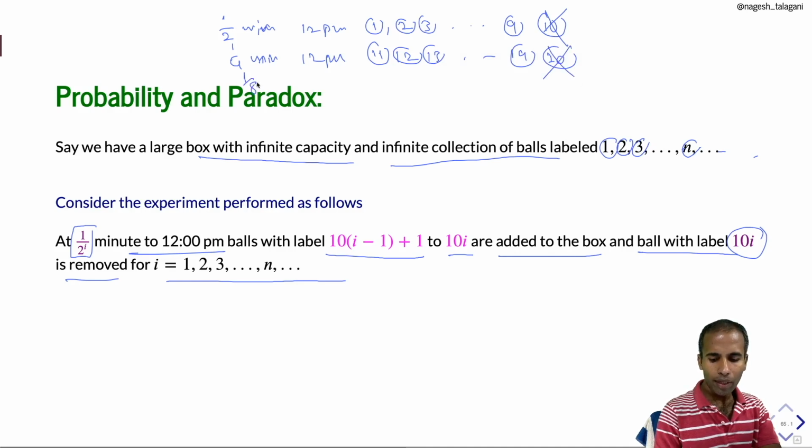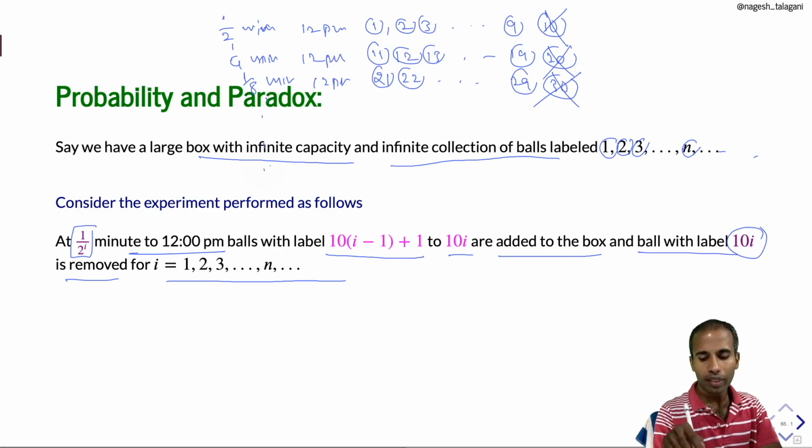At 1 by 8 minute to 12 pm, balls with labels 21, 22, and so on, 29, 30 are added to the box and the ball with label 30 is removed, and so on. Okay, you get the idea.